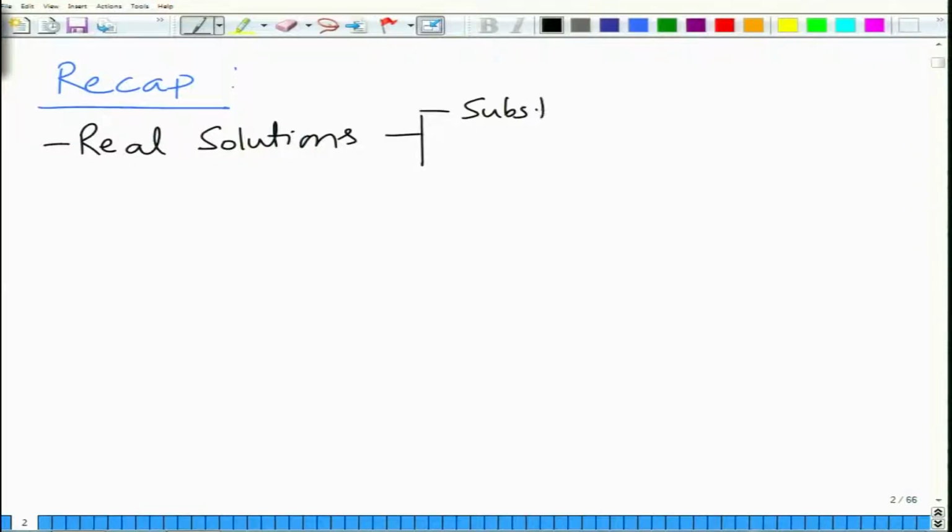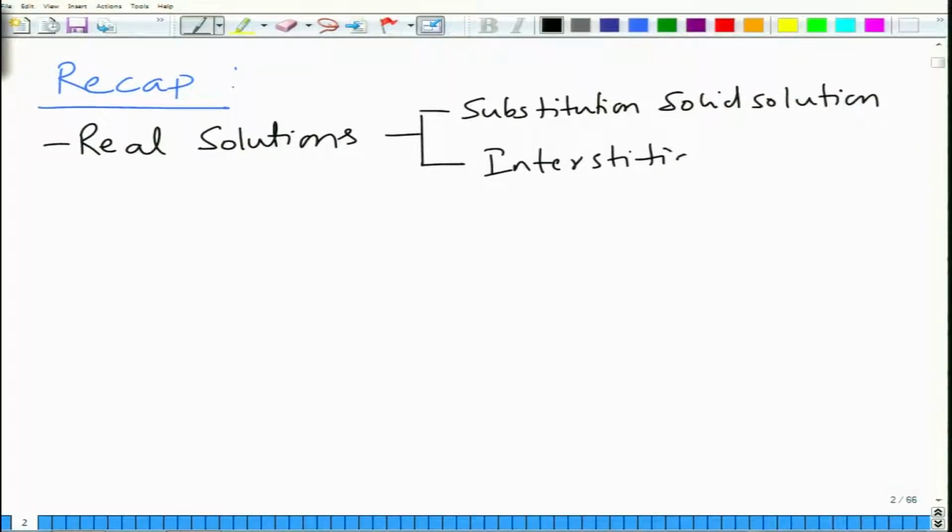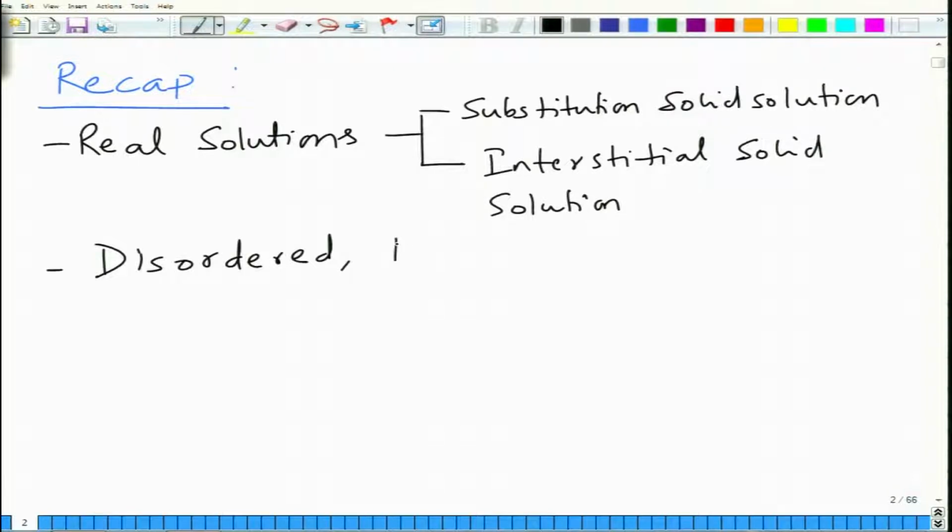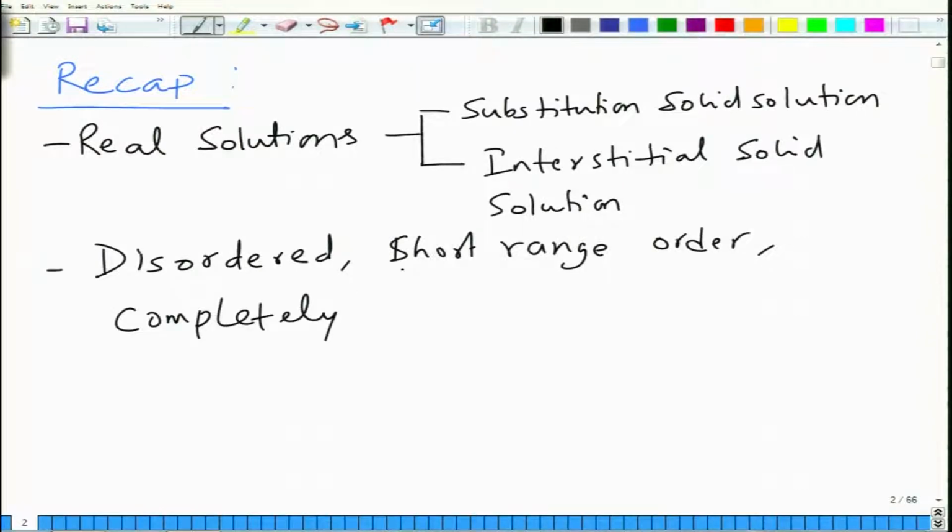So, what you may form is a substitutional solid solution or an interstitial solid solution, and these may be disordered, with short range order, or completely ordered.